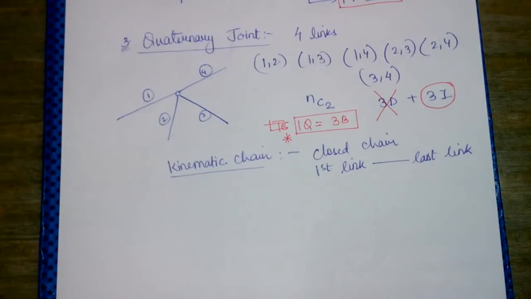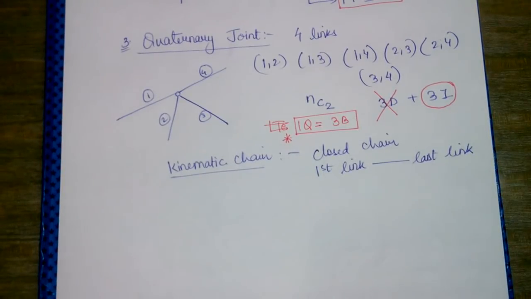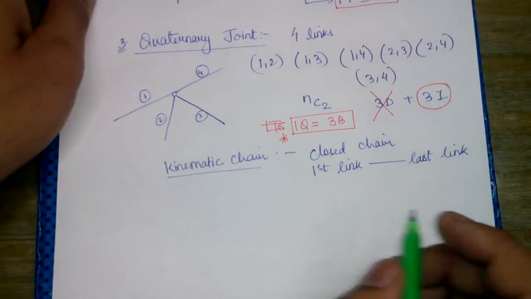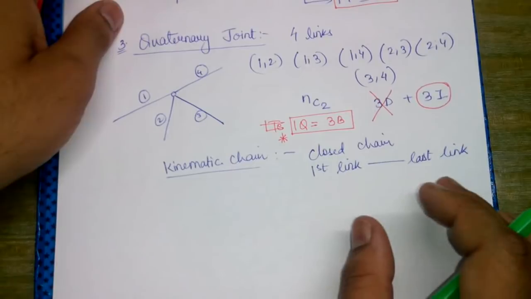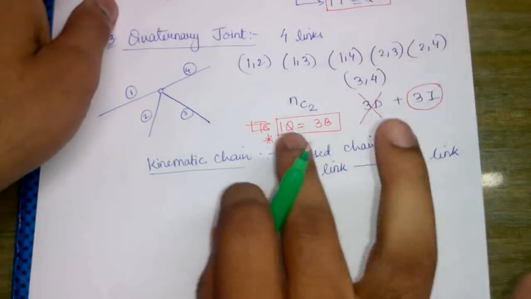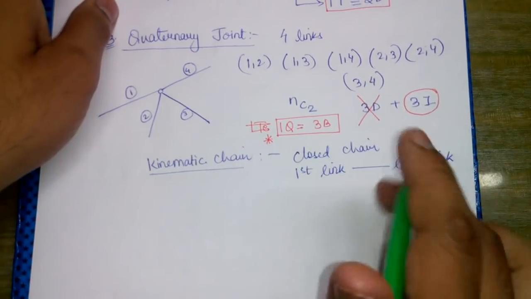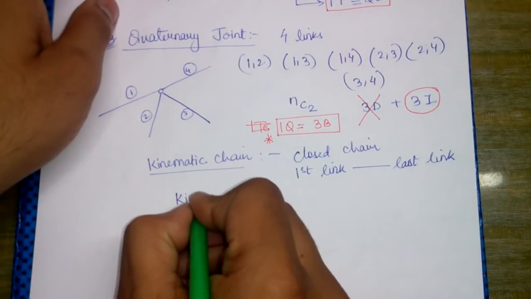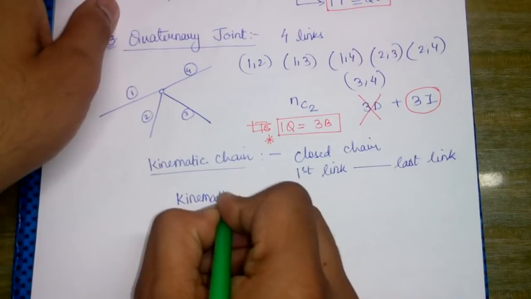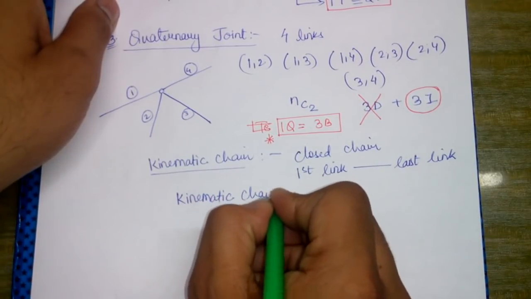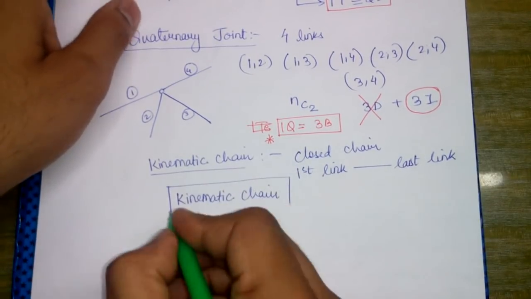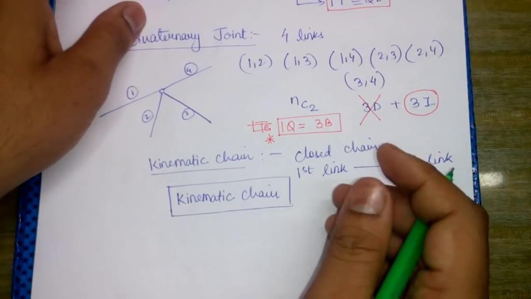If all these conditions are satisfied, then it is a kinematic chain. And if all the relative motions in this chain are constrained, then the chain is called a kinematic chain.